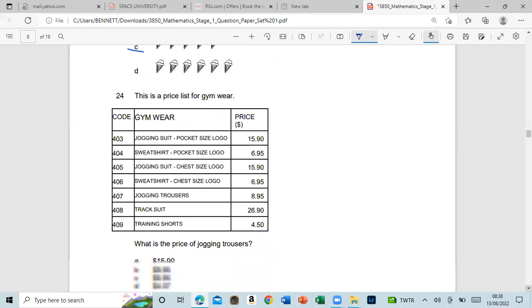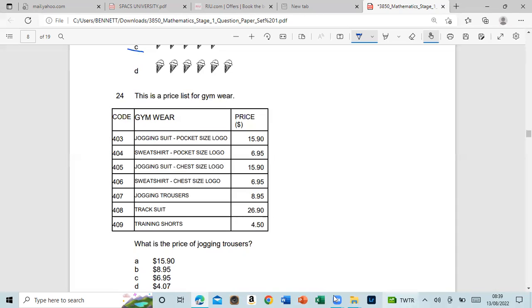All right. This is a price list for gym wear. So the code, and they give us the price, right? 403 jogging suit, and so on. And it says, what is the price of the jogging trousers? B, sir. $8.95.